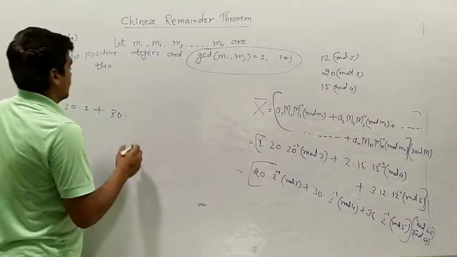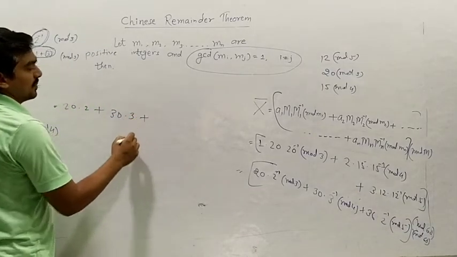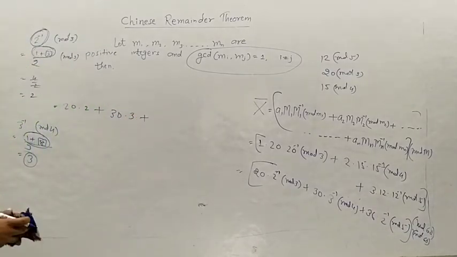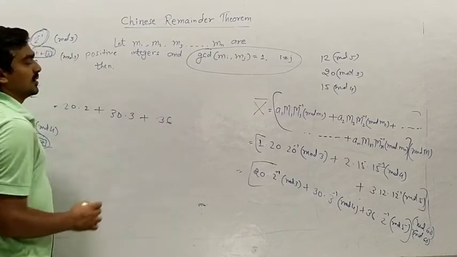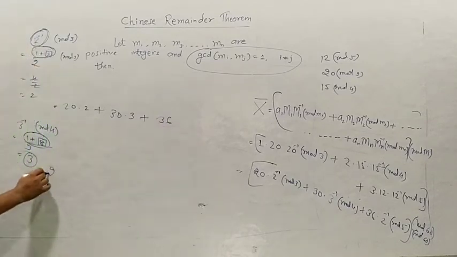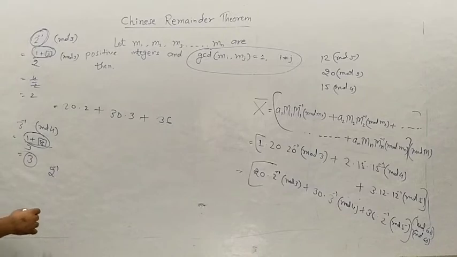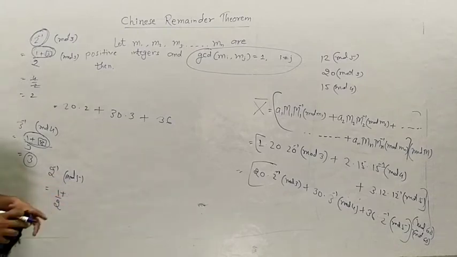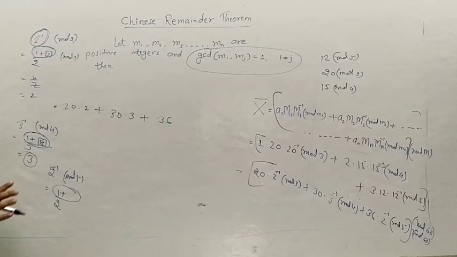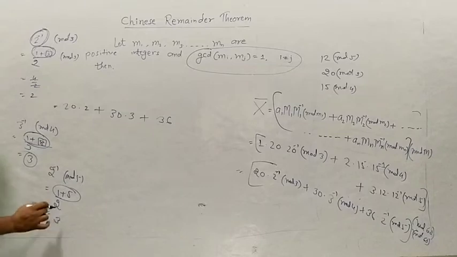Okay, so 30 into 3 plus, next is 36 and 2 inverse. What is 2 inverse in modulo 5? So 1 by 2, add some multiple of 5 such that this whole term can be divisible by 2. That is 5 1 is 5, 5 plus 1 is 6, 6 by 2, that is 3.